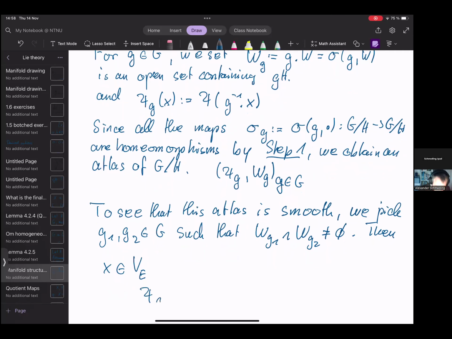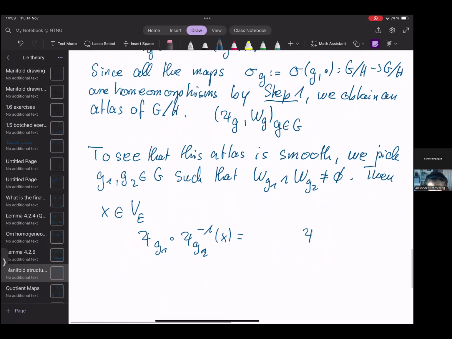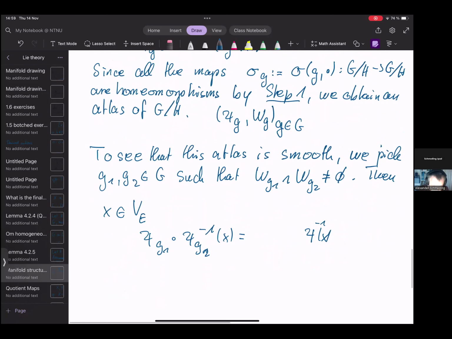So psi G1 composed with psi G2 inverse applied to the X. Okay, so let's just plug in the definition. So this is by definition psi of X inverse. And then I shifted this first in the direction with G2, shifted it back in the direction of G1, and then I applied the psi to this guy again. So here we have the group action dot.